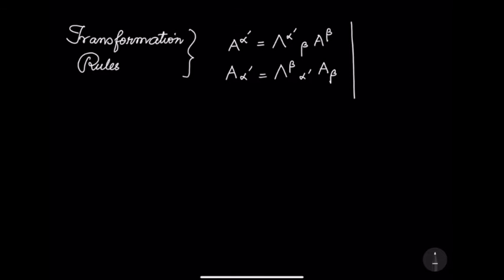One thing we need to remember, which you saw last time, is that lambda alpha prime beta comes from the chain rule of partial differentiation, and this is equal to these.